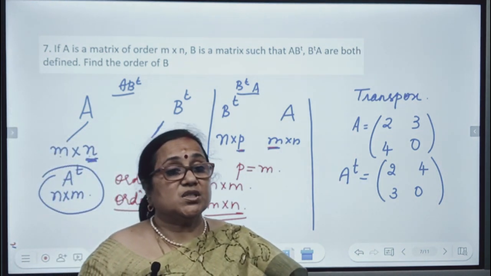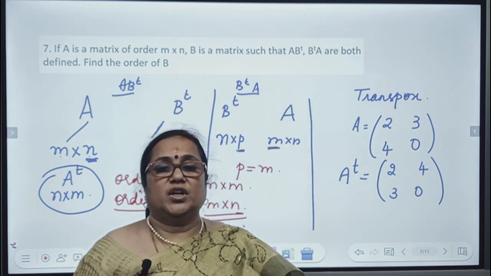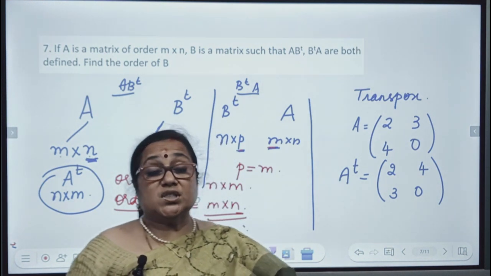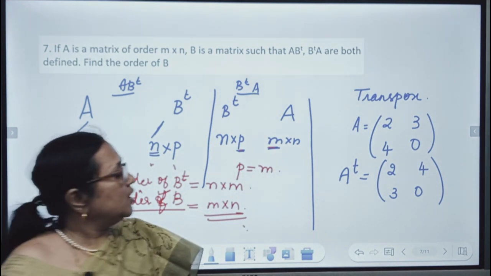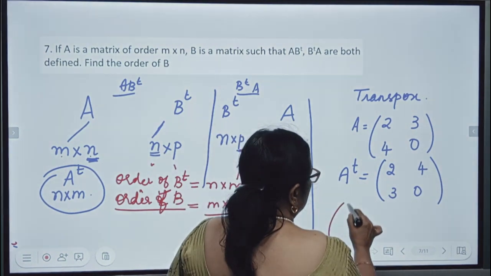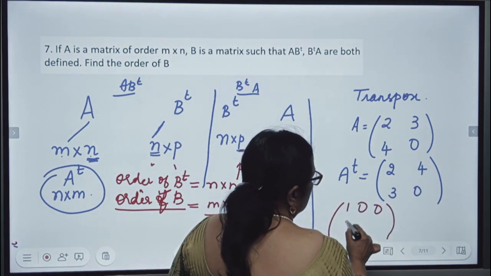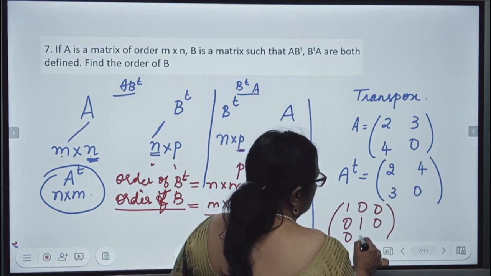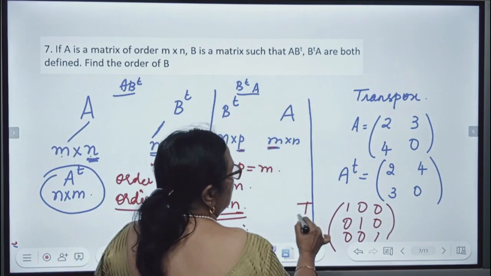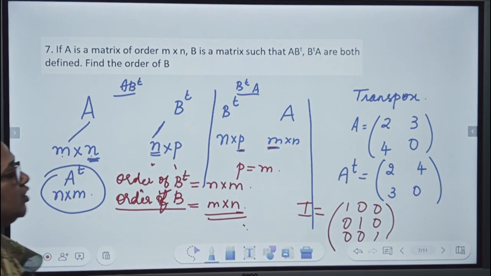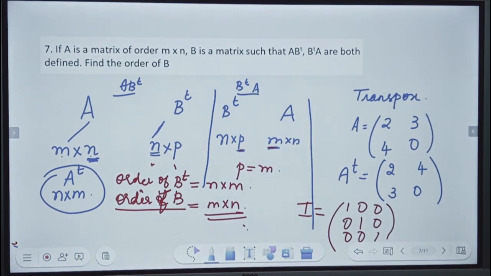We also saw what is an identity matrix of order 2. It is 1, 0, 0, 1. What is an identity matrix of order 3? An identity matrix of order 3 will be 1, 0, 0, 0, 1, 0, 0, 0, 1. Identity is defined only for a square matrix.